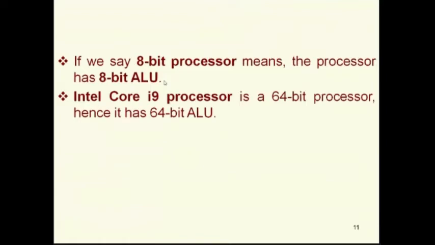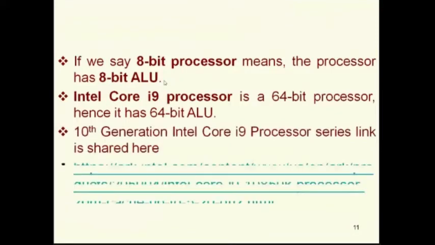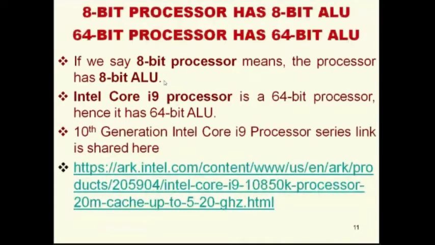That means it has a 64-bit ALU. Just now we have seen the 4-bit ALU. Similarly, there is a 64-bit ALU. This is the 10th generation Intel Core i9 processor series link. So an 8-bit processor has an 8-bit ALU, and a 64-bit processor has a 64-bit ALU.